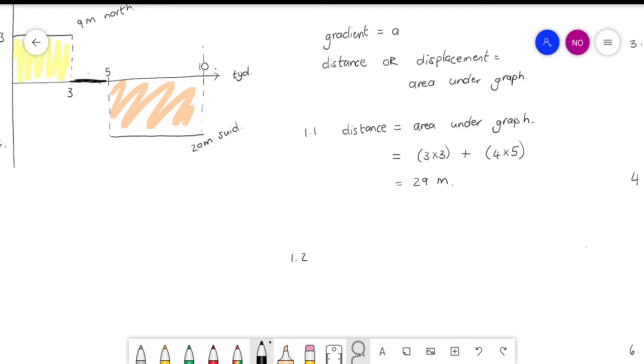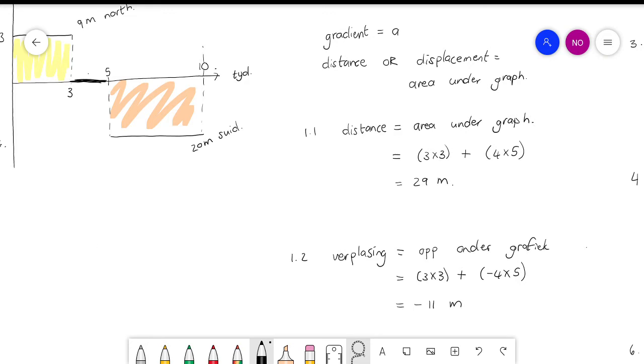1.2. His displacement, however, sy verplasing, is ook gelyk aan die oppervlakte onder die grafiek. Maar die keer gaan ek sê dis 3 maal 3 plus minus 4 maal 5. Because that's in the opposite direction, so I need to take that into account. And when you calculate that, that will be negative 11 meters.